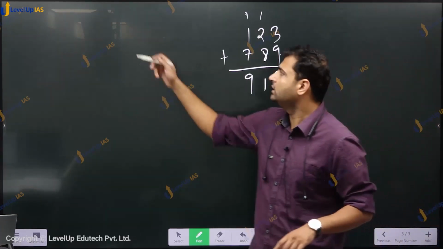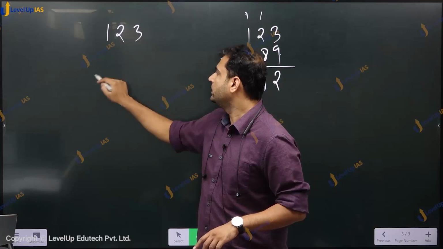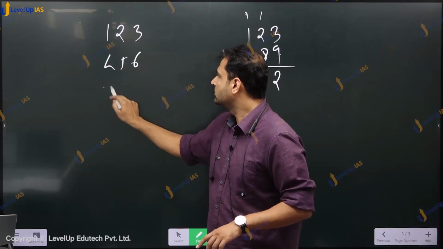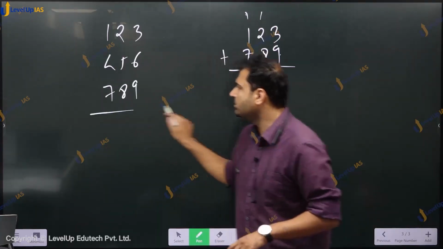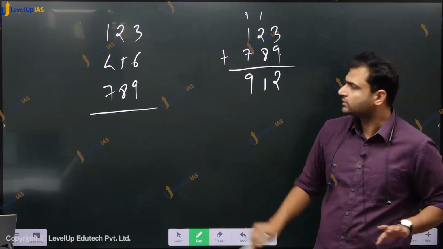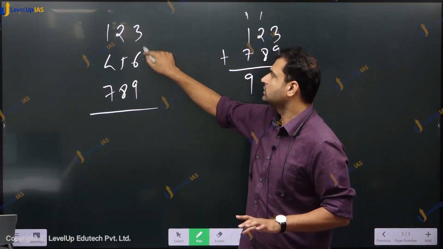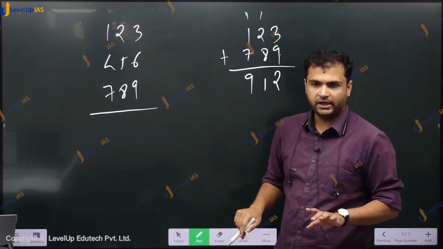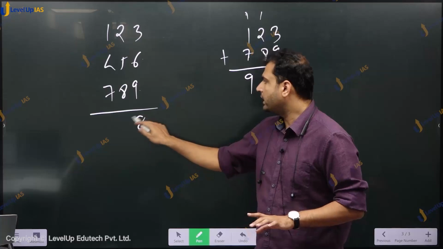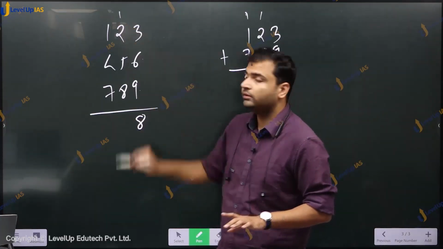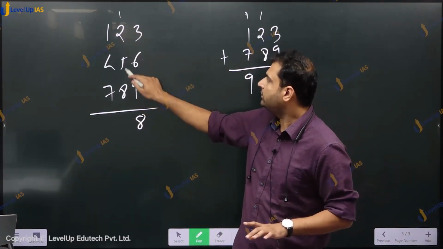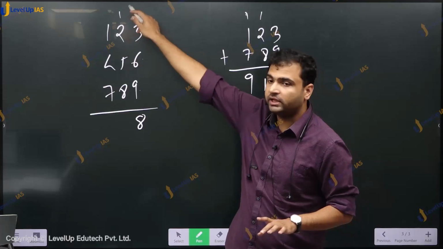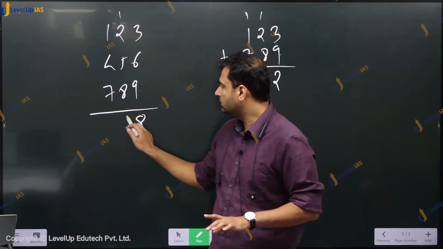In case we have to add three numbers, 123, 456, 789. How do we add? Same process. Exactly same process. We add 9 plus 6 plus 3 which is 18. Carry forward still 1. Then 8 plus 5, 13 plus 3, 16.